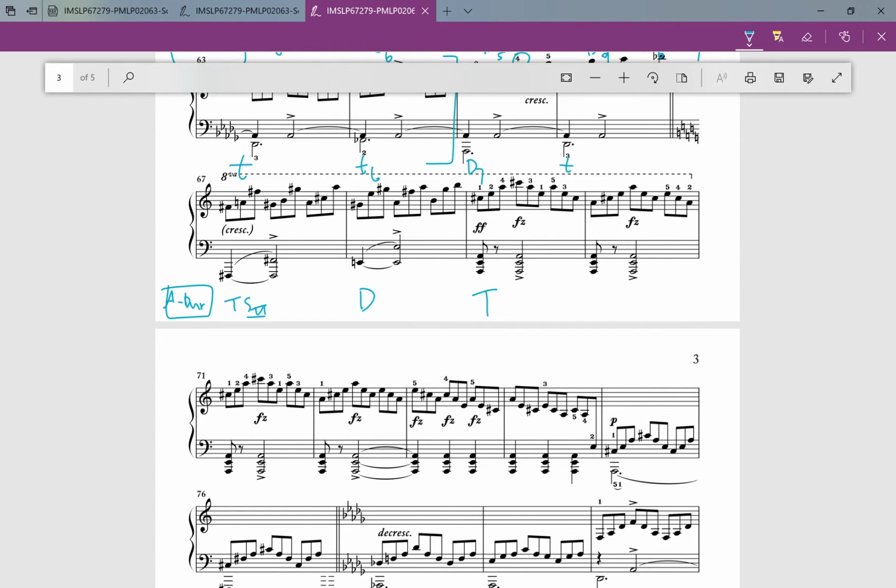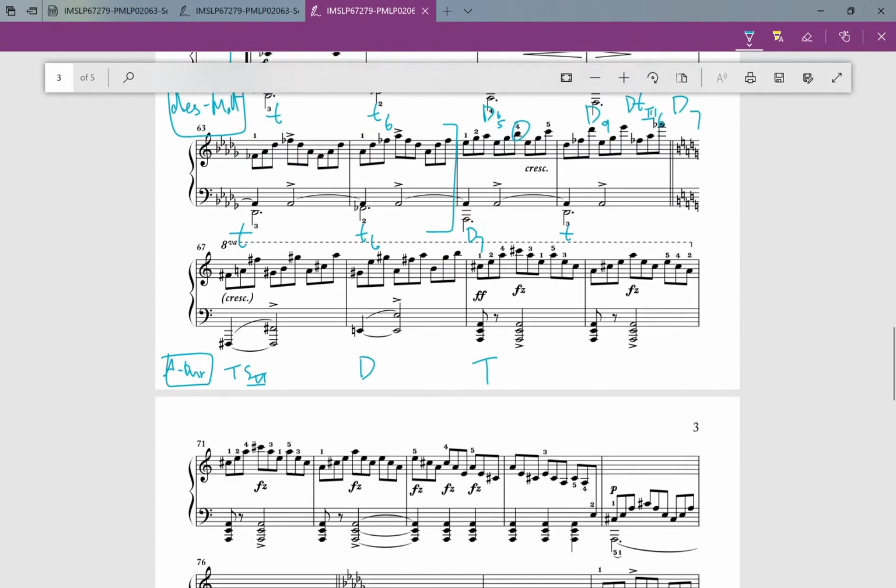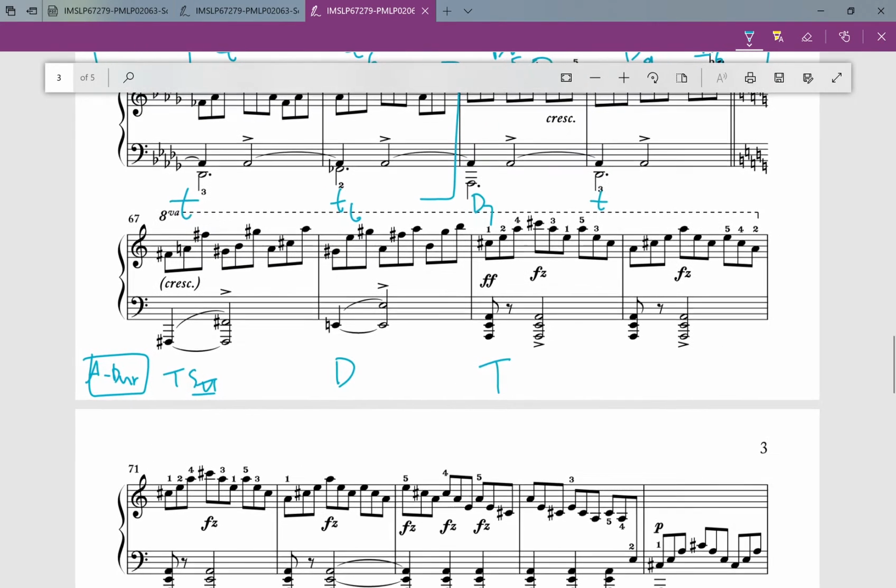So where is the pivot chord of this modulation? Well, if we look at this chord, now this chord looks like an F sharp minor chord. Well, F sharp minor chord is enharmonically equivalent to G flat minor chord.